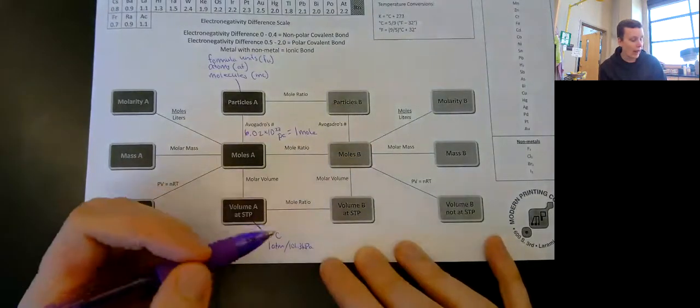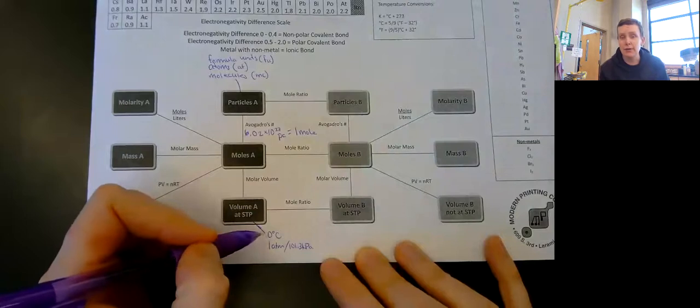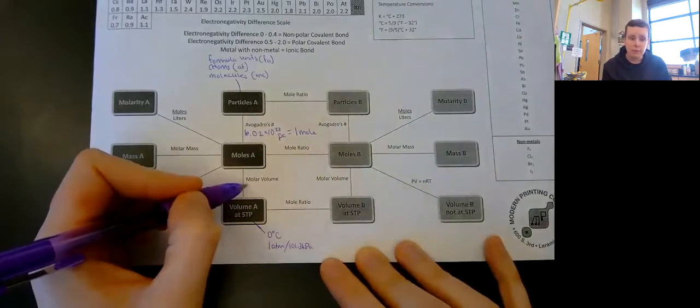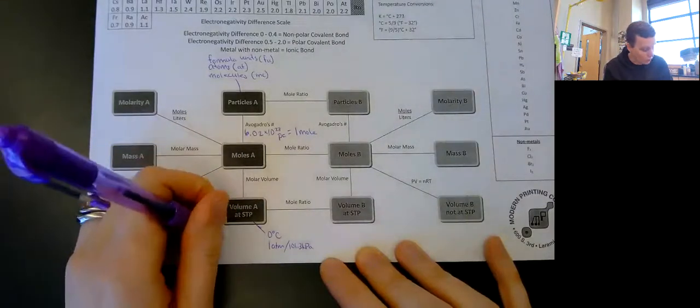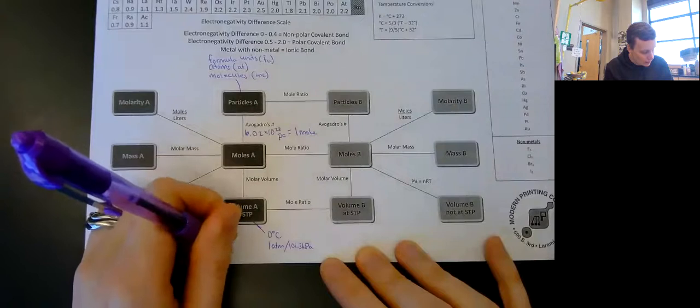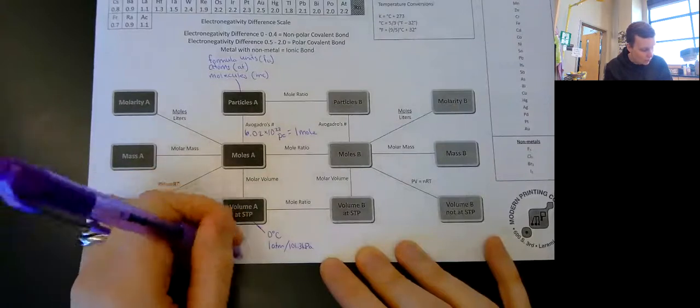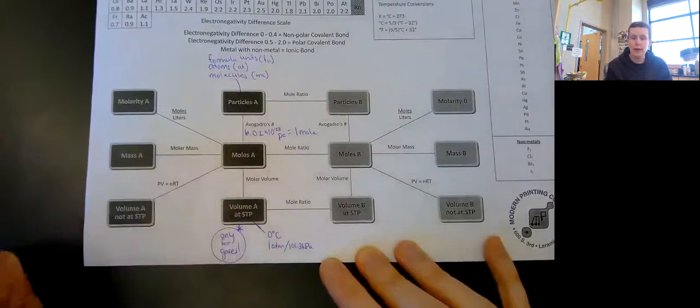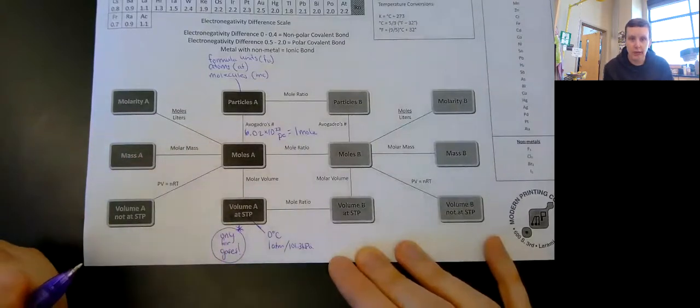So at sea level, when it's 0 degrees Celsius, there's something called molar volume. This is only for gases. Volume at STP, we will only use that for gases.